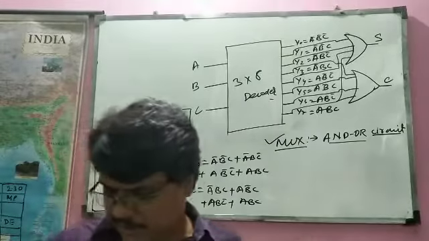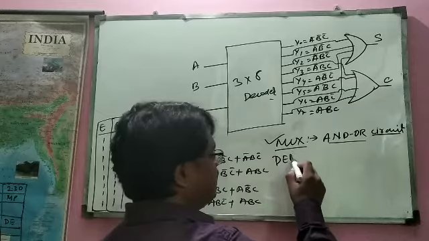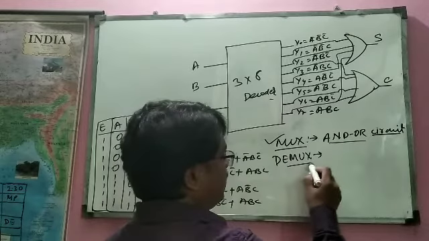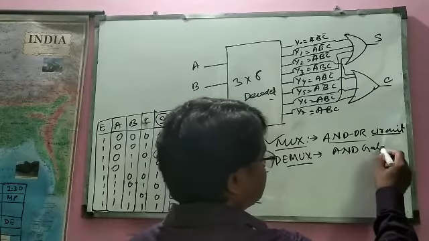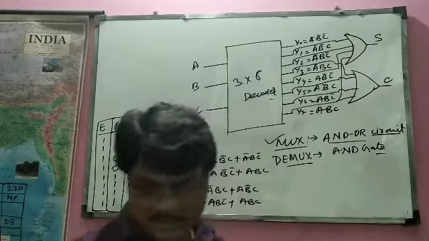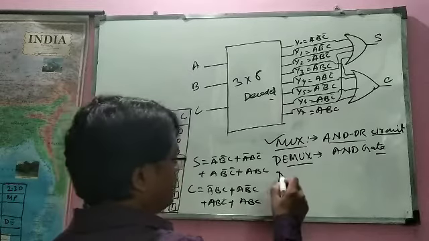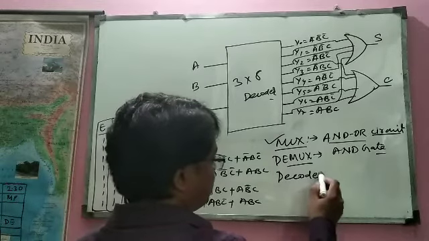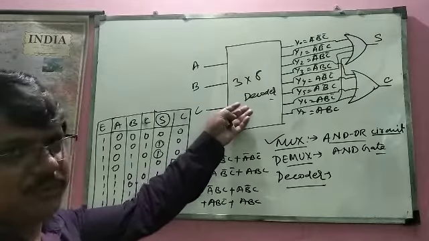Now see the demux, demultiplexer. So demux contains only AND in its implementation. And decoder, it is in front of you.